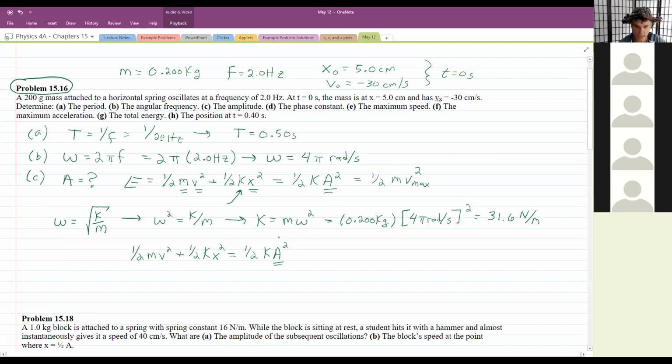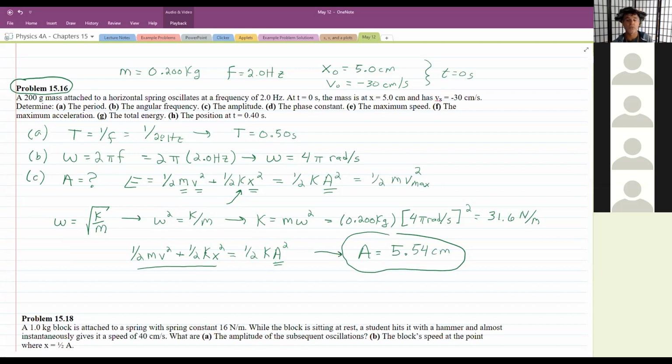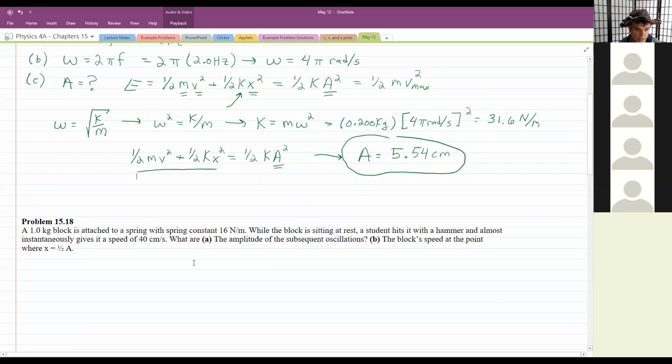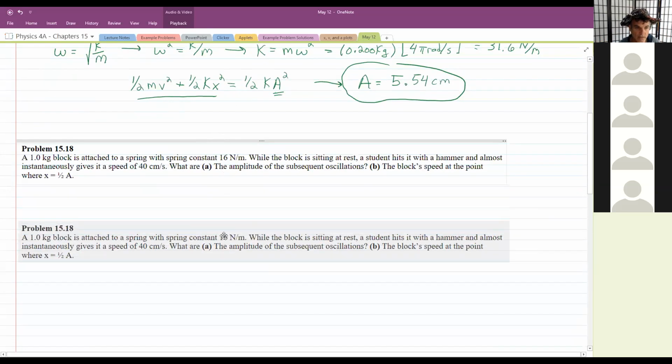And what you're going to get once you solve it, and this is assuming the book answer is correct, which is not a great assumption sometimes, is 5.54 centimeters. And again, that was just from taking this equation for energy and solving for the amplitude. Now, I could have also solved for v max if I was instead asked for the maximum speed.